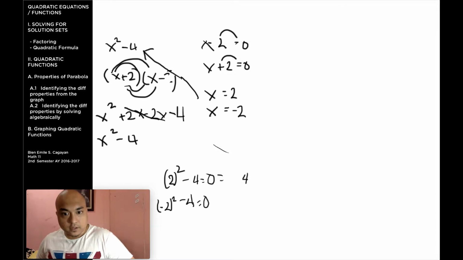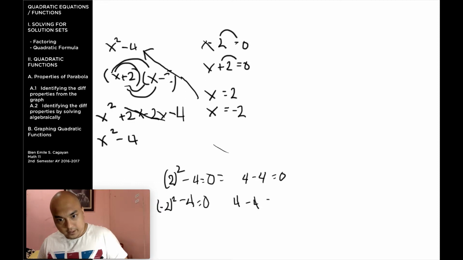We know that 4 minus 4 is equal to 0 because 2 squared is 4, reduced by 4 again, that's 0. And negative 2 raised to 2 is 4, minus 4 again is equal to 0. So they both check out.